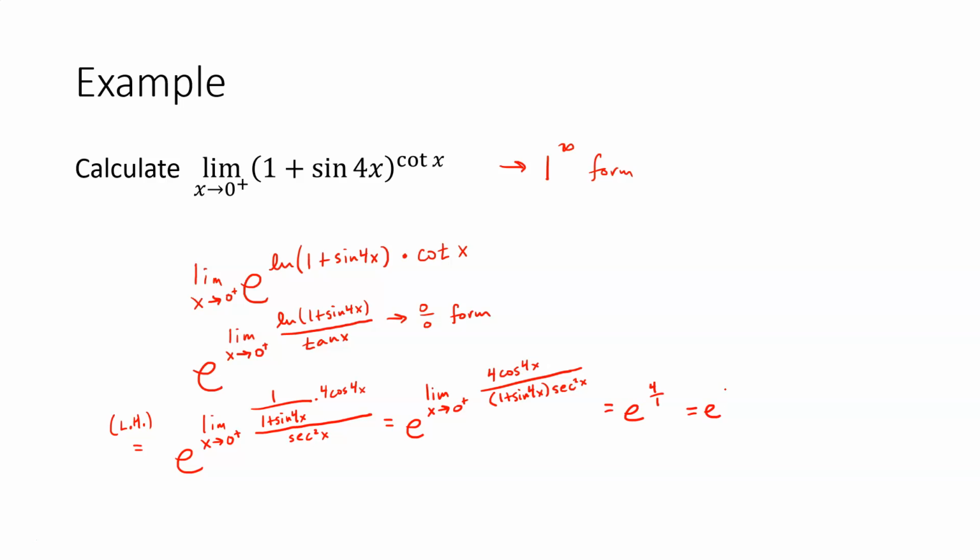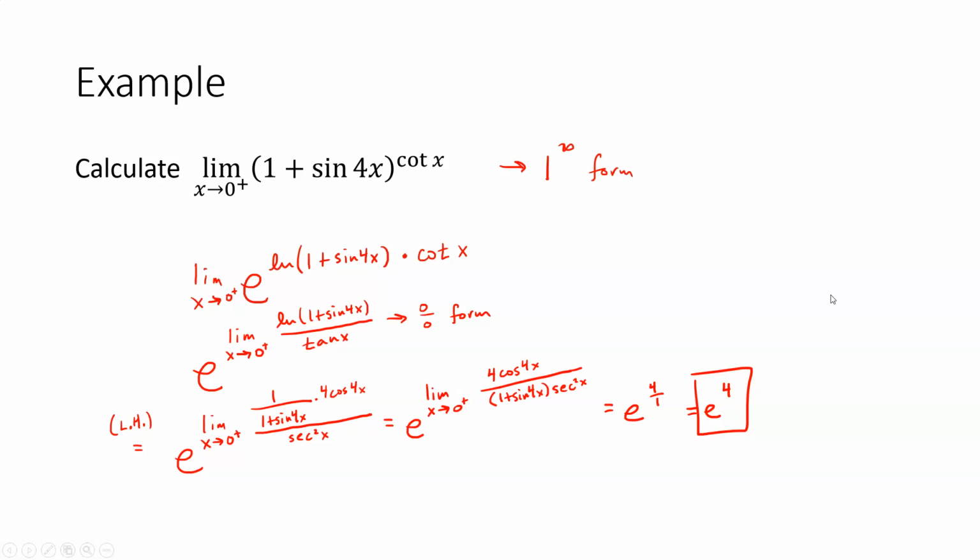It's just e to the power of 4. Okay, so that's interesting because here, right, we get something in the end that is a power of e. And again, here this used this little manipulation that we did at the very beginning to get it into that 0 over 0 form.